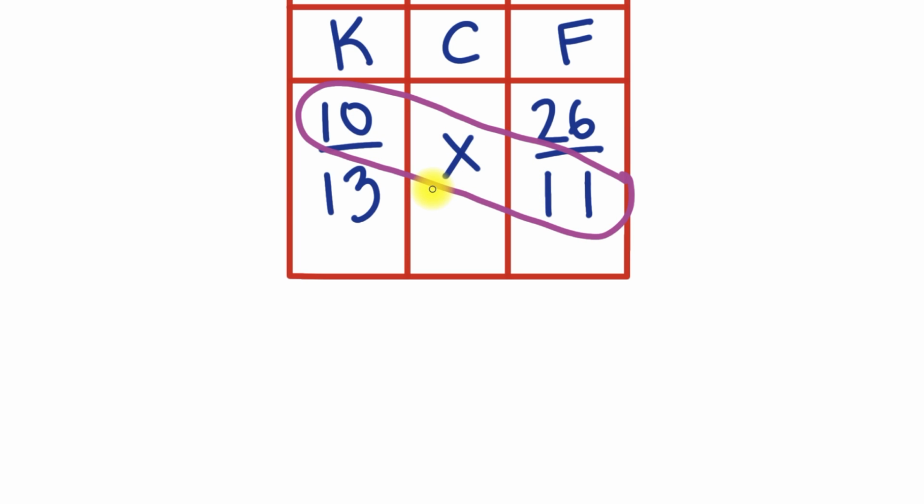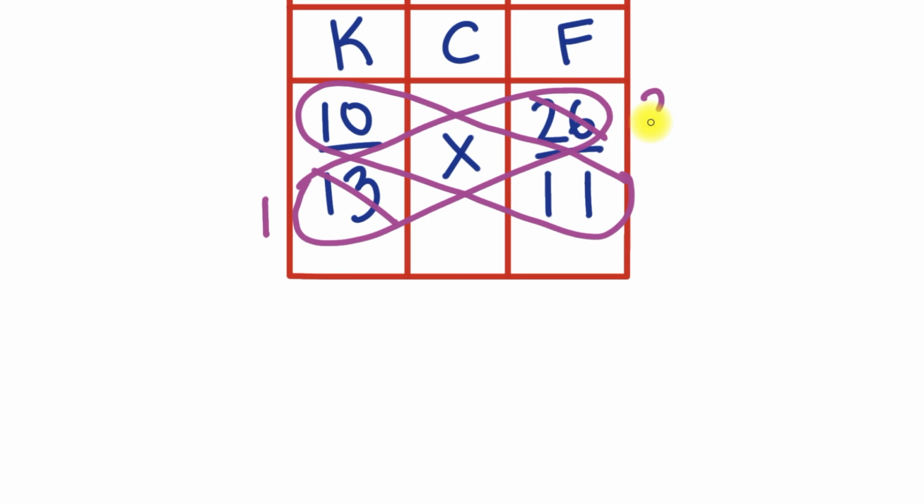Now let's look the other way. Let's look at 13 and 26. So 13 and 26 can both be divided by 13. 13 divided by 13 will give us 1. So I'll cross that off and I'll put a 1 here. And 26 divided by 13 would give us 2. So I'll cross that off and I'll put a 2 here.